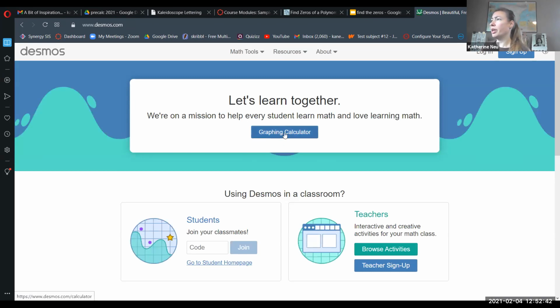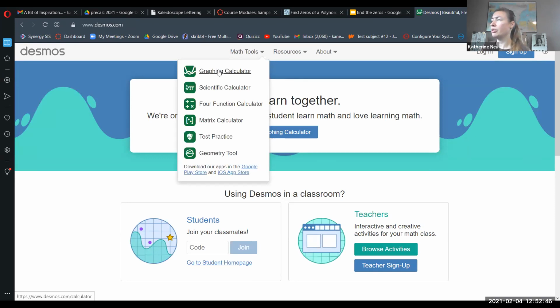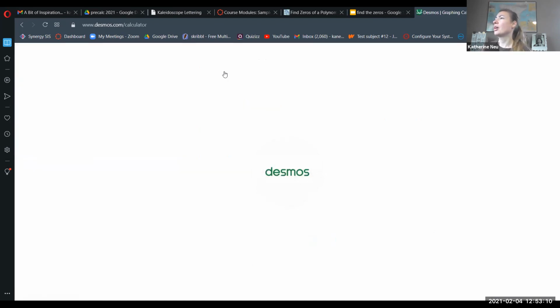You can click right here, go to graphing calculator, or later you can go to graphing calculator from the math tools, or here's where you can use the scientific calculator or any of the other kinds of calculators that you would like to try. They're all there. The geometry tool is really fun as well, and the matrix calculator will blow your mind. If you want to talk about the matrix calculator and see some cool stuff, I could show you some cool stuff during office hours.